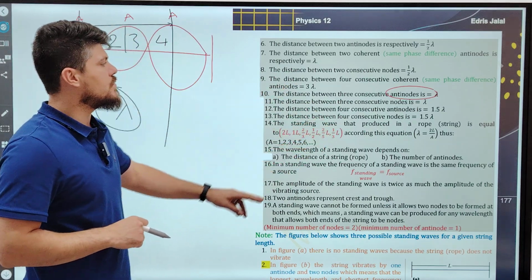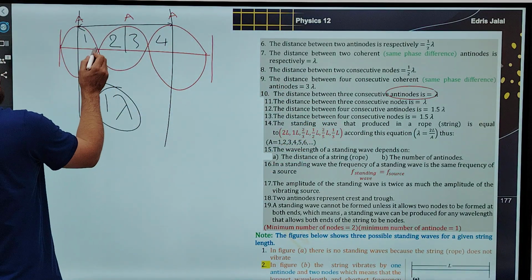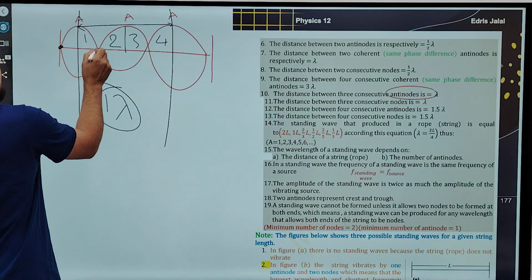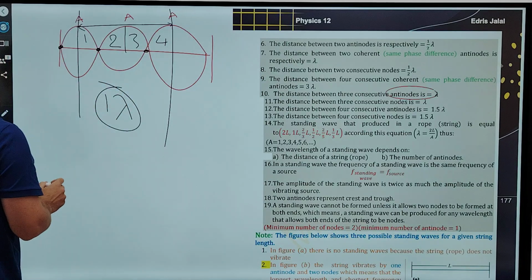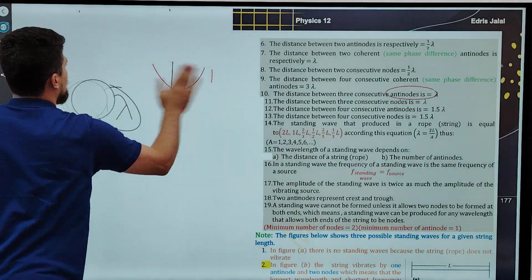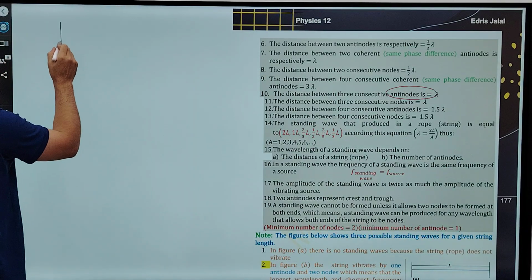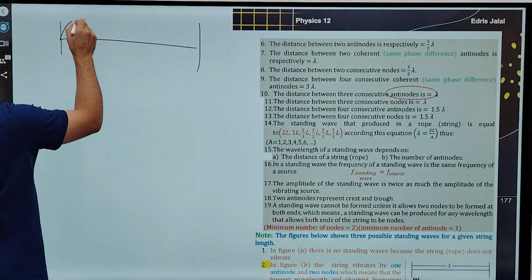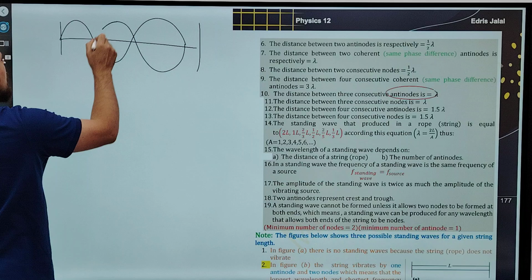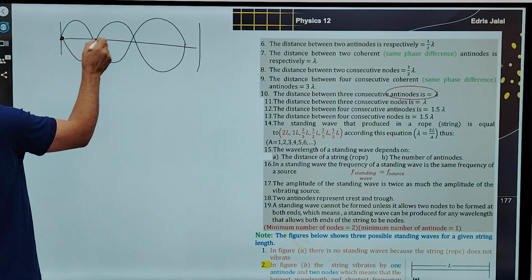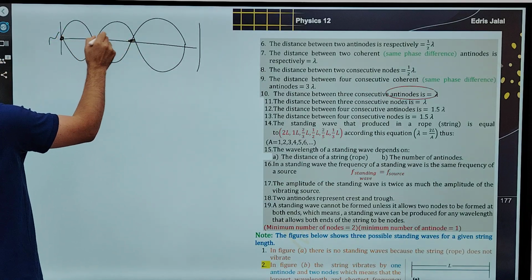Distance between 3 consecutive nodes is also equal to 1 wavelength. Why? Let's count. 3 nodes. Okay, the distance between 3 nodes, another figure. Okay, the distance between 3 nodes respectively also equal to 1 wavelength. Why? Now I'm going to show you. Okay, 1 node, 2 node, 3 nodes.